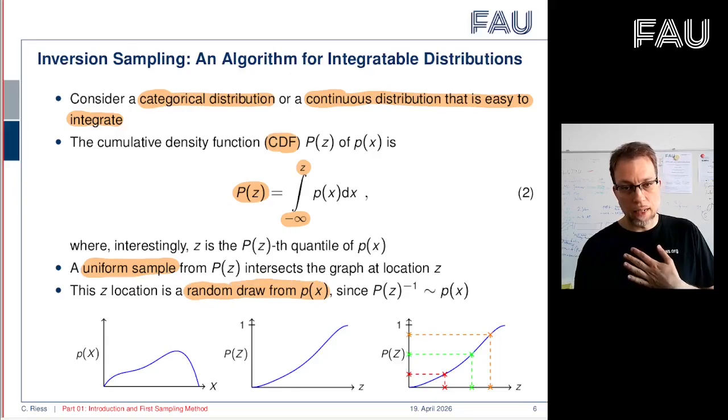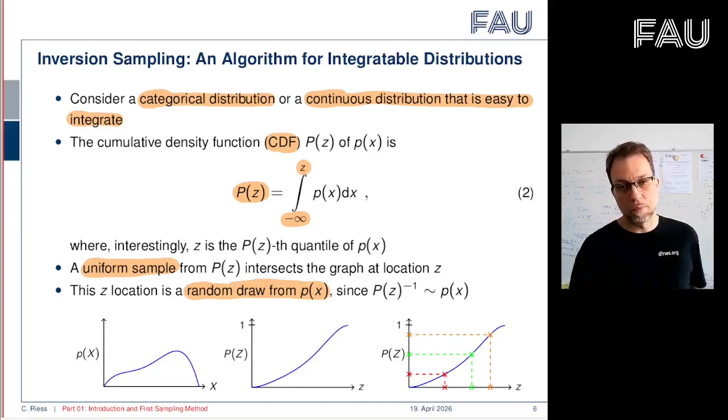Because, and this is why it has this name, P of z inverse is essentially proportional to P of x. So what does that mean?